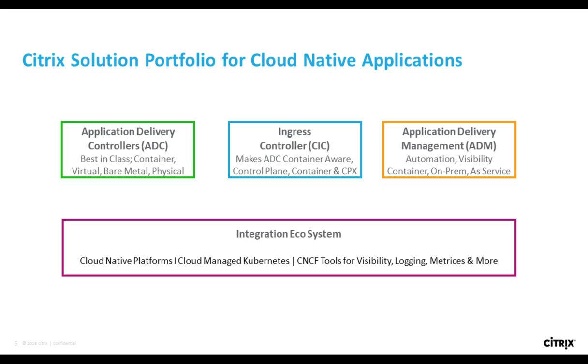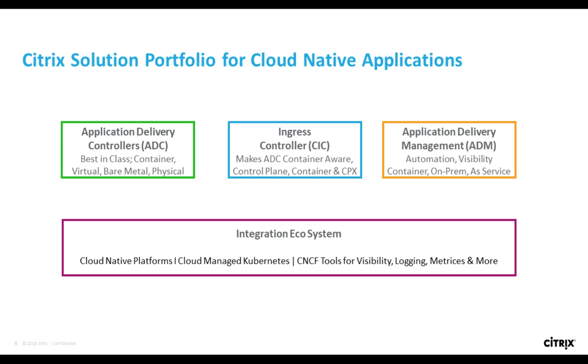Second critical piece of the solution is the ingress controllers. Traditionally, ADCs have not been container aware. So how do you make your ADCs container aware? You make them aware through an ingress controller. This is like a control plane which automatically knows which new containers are being spun up or spun down and gives you the visibility so you can distribute the load among them.